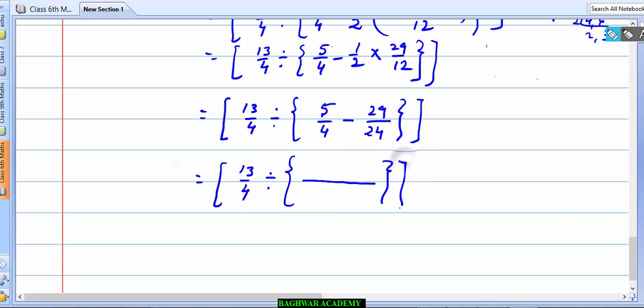If you are finding the LCM of 4 and 24, just remember, 24 is a multiple of 4, so the bigger number will be your LCM. If you want to find the LCM of 4 and 24, your LCM will be 24. Now if you divide 24 by 4, what you will get? 6, and 6 5s are 30 minus 29.